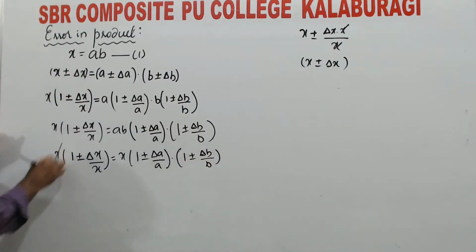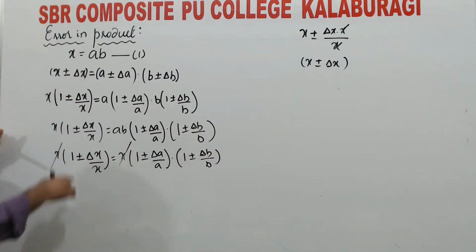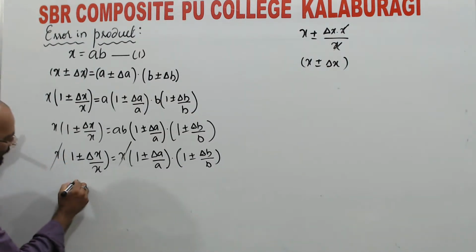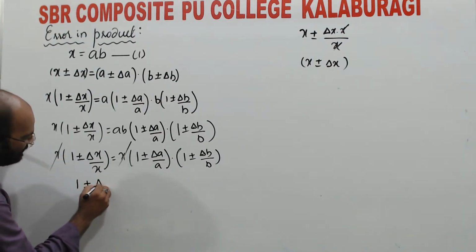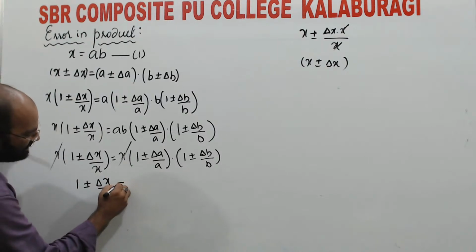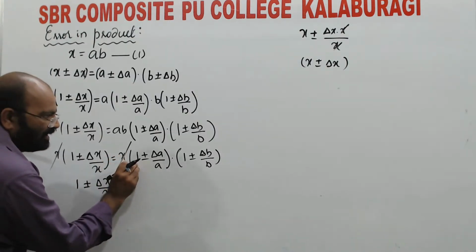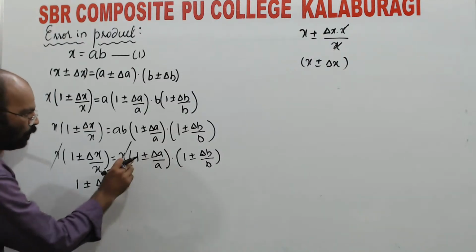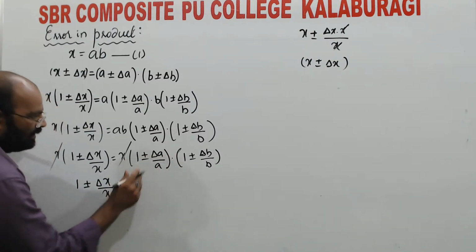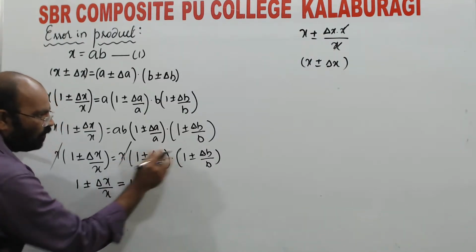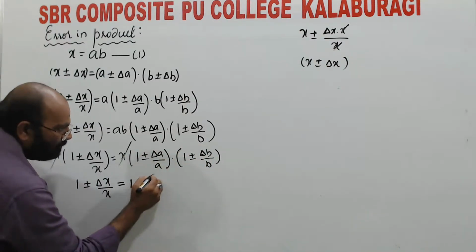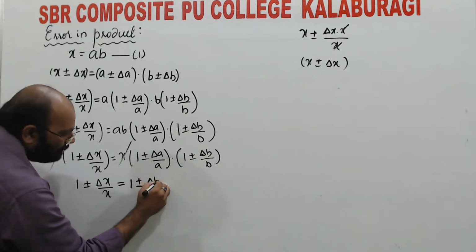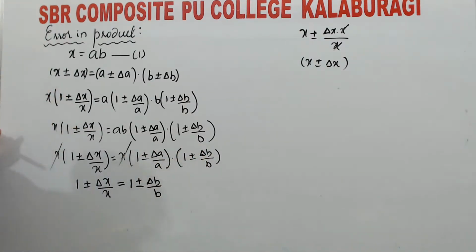Then x from the LHS and RHS cancel. The remaining term is 1 plus or minus delta x by x equals, multiplying the 1 into this bracket and delta A by A into this bracket: 1 times 1 is 1, then plus or minus delta B by B, the first term.